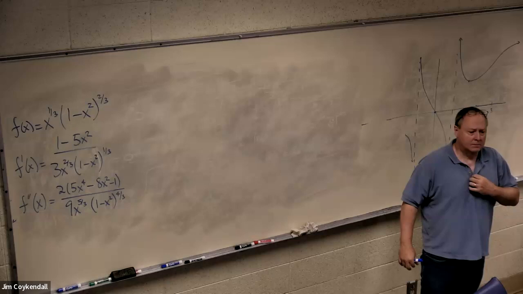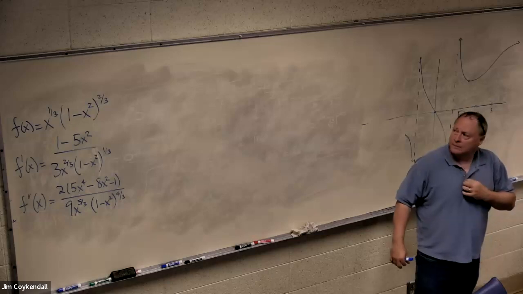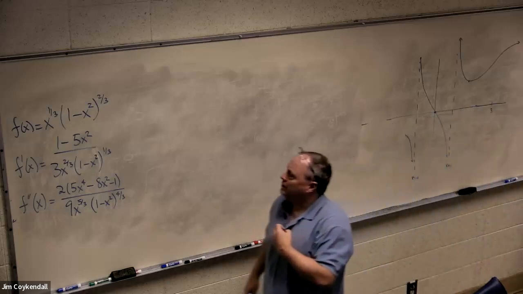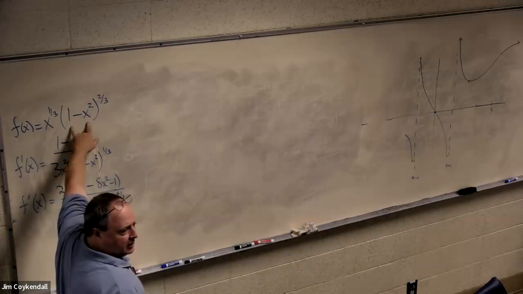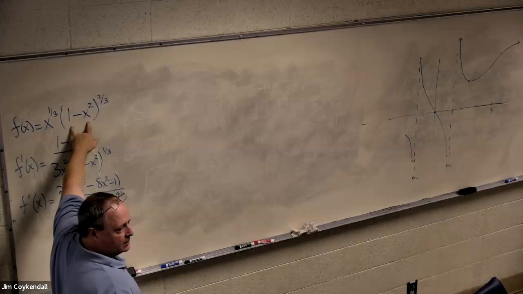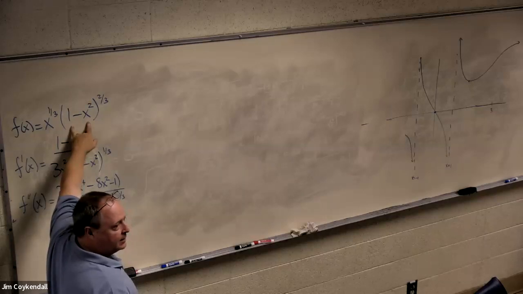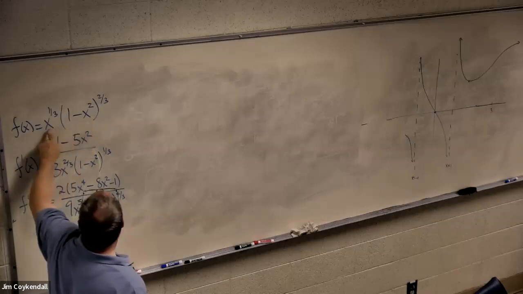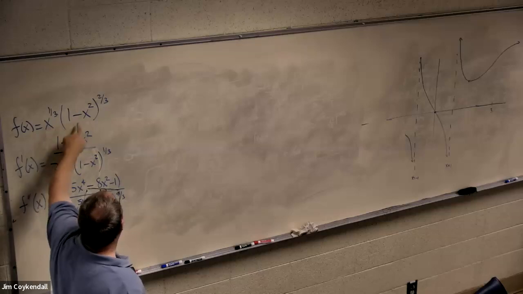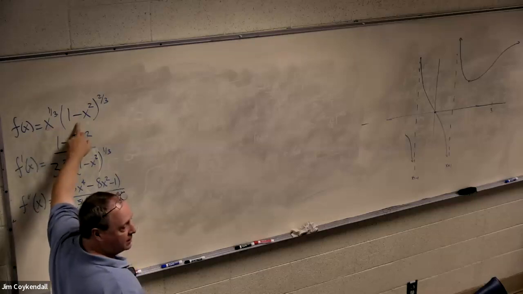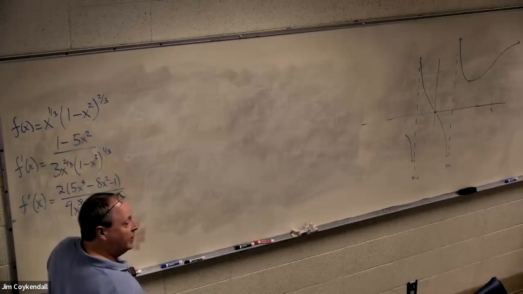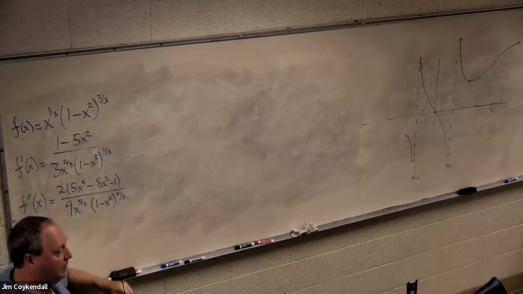How about 1? 0, 2/3, right? Because the powers are all positive. So notice if I plug in 1, I'm gonna get 1 times 0. Plug in -1, same. I'll plug in 0, I get 0. So actually everything's in the domain.